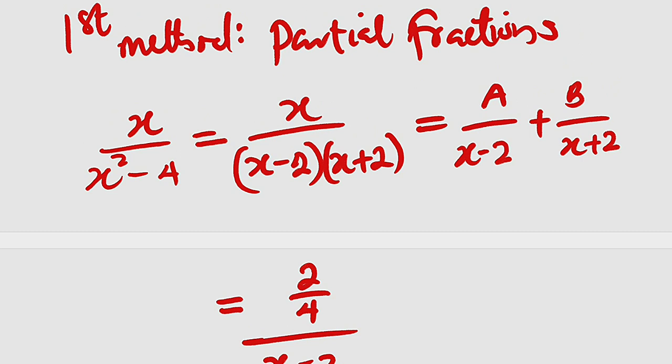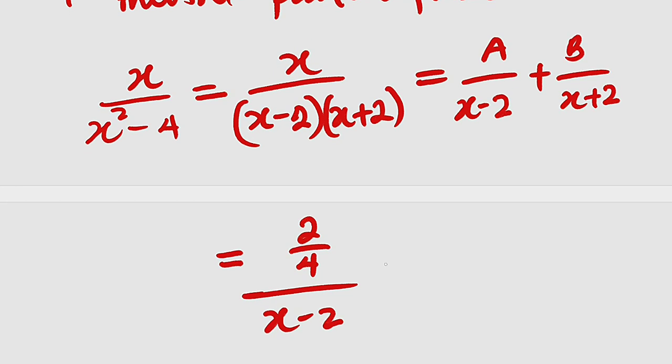Then we'll move to the other one. How can we make this 0? By substituting the value of x to be equal to negative 2. And we are going to plug it in here. We have negative 2 plus negative 2 is negative 4. And if you plug in negative 2 here, you have negative 2. So we have negative 2 divided by negative 4, so plus negative 2 divided by negative 4 divided by x plus 2.